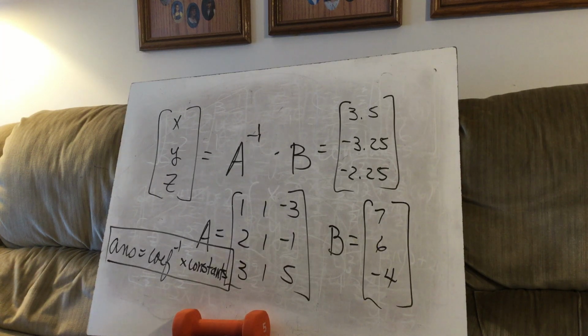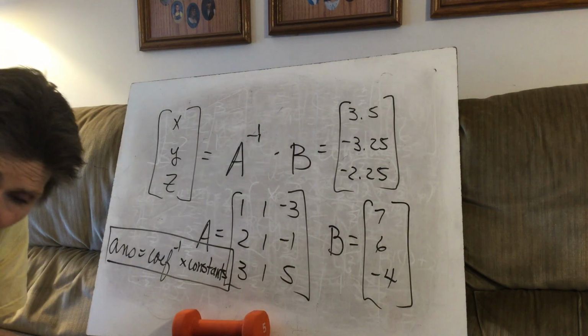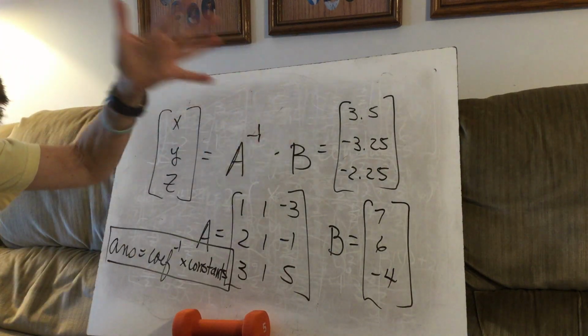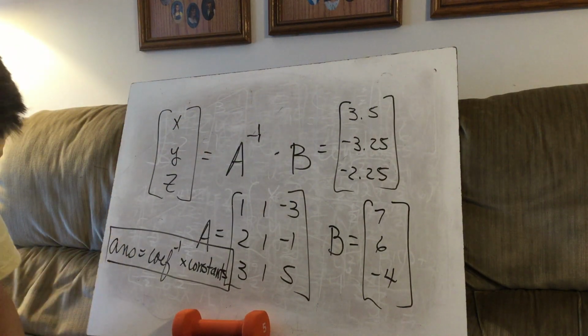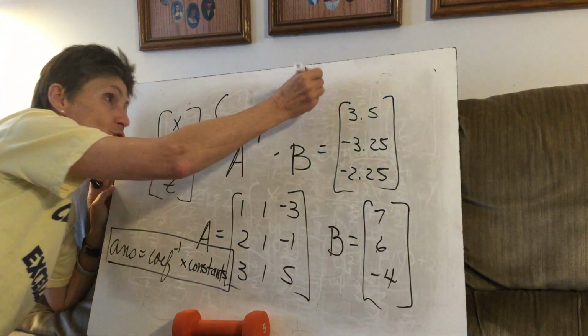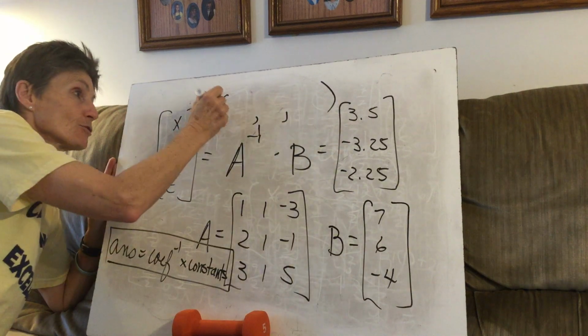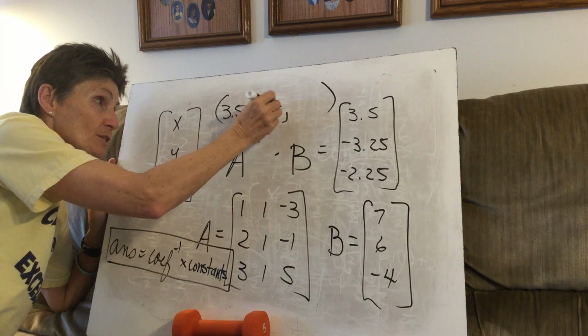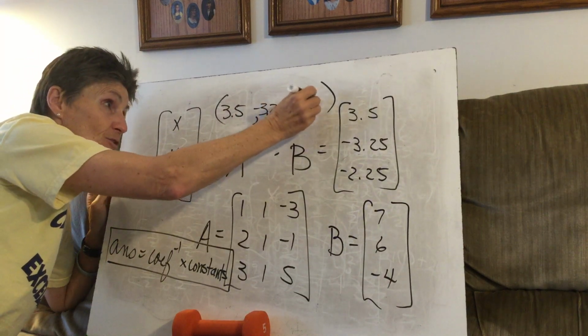Now, I want you to understand what we just did has a geometric meaning. Those three equations in 2A that we started with, I don't have them written down on the board, but they're on your paper. Those are actually equations of planes, like the wall and the ceiling and the floor. And what you just figured out is those three planes intersect in the point 3.5, -3.25, and -2.25.